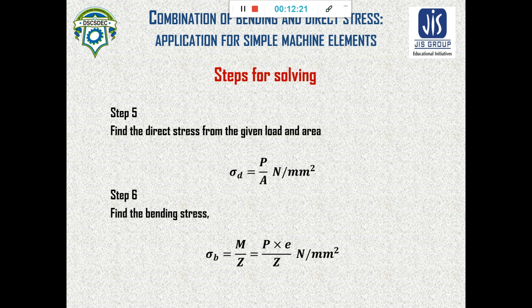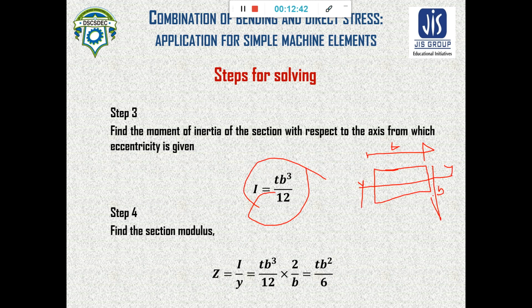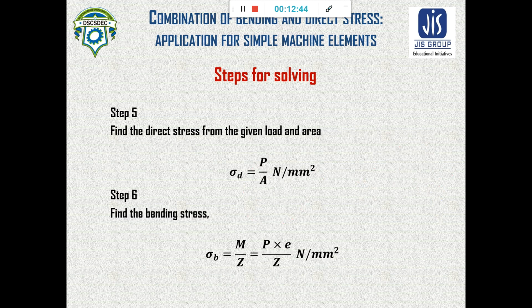So the distance of the line of action of the force from the neutral axis is our eccentricity, and the moment is P cross E. As we have found the value of Z from the previous slide, that is T B square by 6, we can put in the values of E, P and Z and very easily get the value of sigma B.